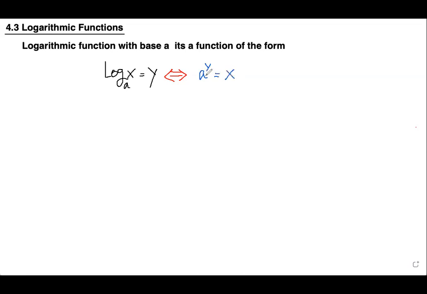First of all, we have to know this A is called the base. For the exponential function, as we learned before, the A here is called the base. And also we have to know the y here is called the exponent.